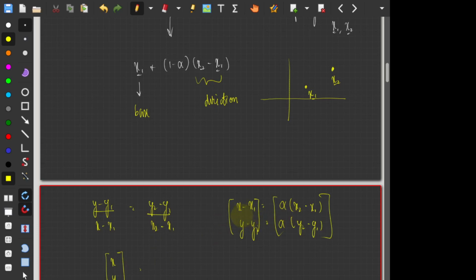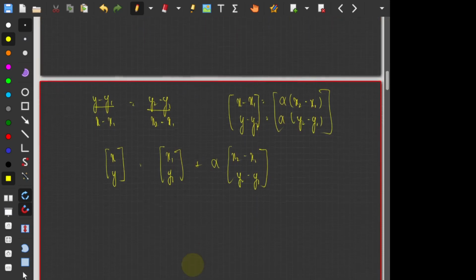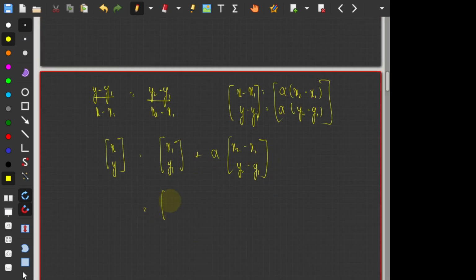Again, if I rewrite, (x, y) equals (x1, y1) plus alpha times (x2 minus x1, y2 minus y1), which is simply (x1, y1) plus alpha times (x2, y2) minus alpha times (x1, y1).